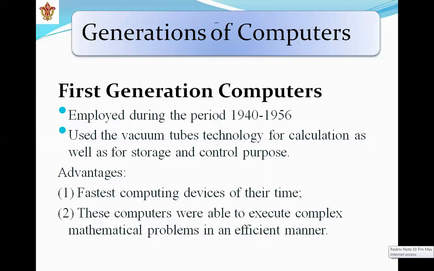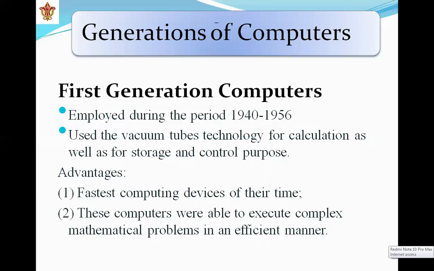First generation. The period 1940 to 1956 is roughly considered as the first generation of computers. The first generation computers were developed using vacuum tubes. The input of this system was based on punch cards and paper tape.